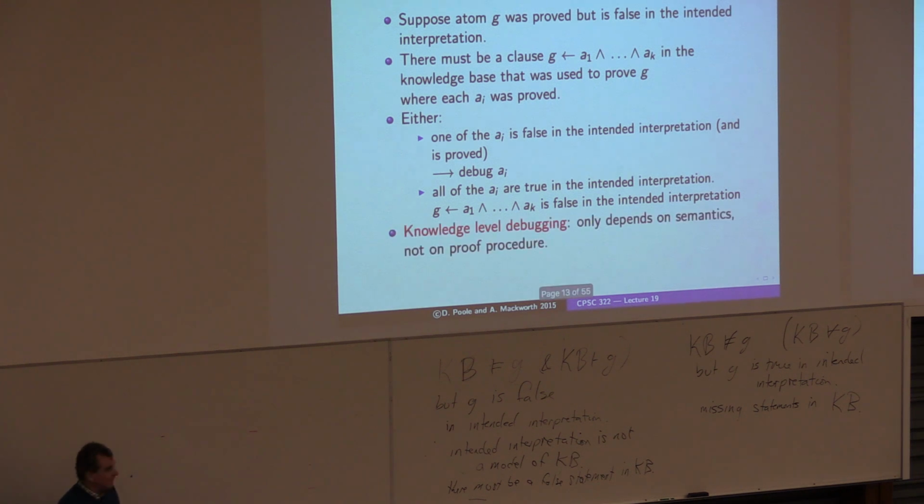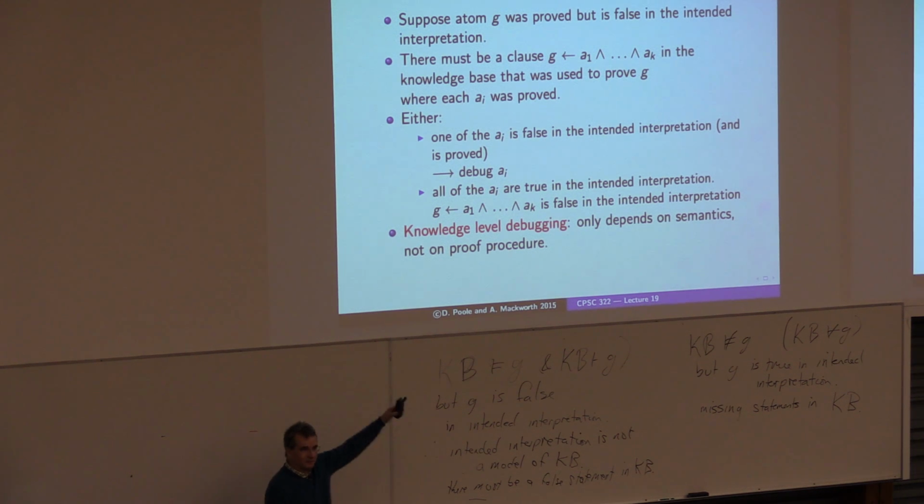What's interesting about this is that we'll call it knowledge level debugging. It only depends on the semantics, not the proof procedure. So we can do all sorts of efficient, weird things to implement it. But because we have a semantics, we can debug these programs without knowing how the answers were produced. A lot of what we're going to do uses sophisticated proof algorithms, but we don't want someone to have to understand these proof algorithms to debug their knowledge base, because they end up being really hairy.